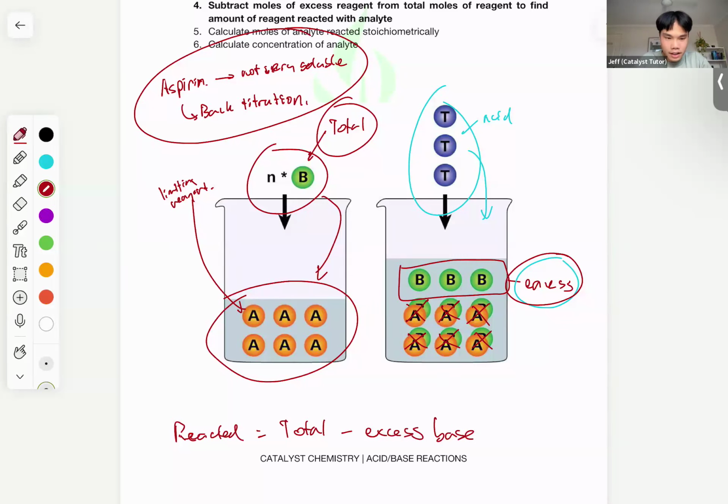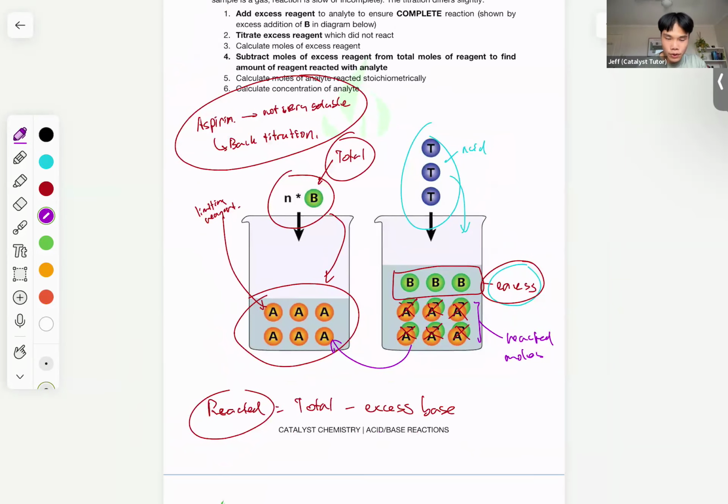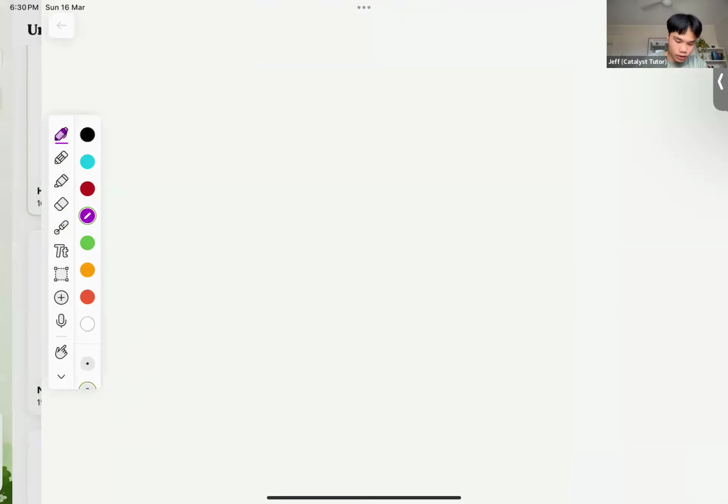That allows you to find the reacted moles, and that will tell you how much acid was present in the first place, hence back titration. That's a quick overview. I'll let you loose on a question.